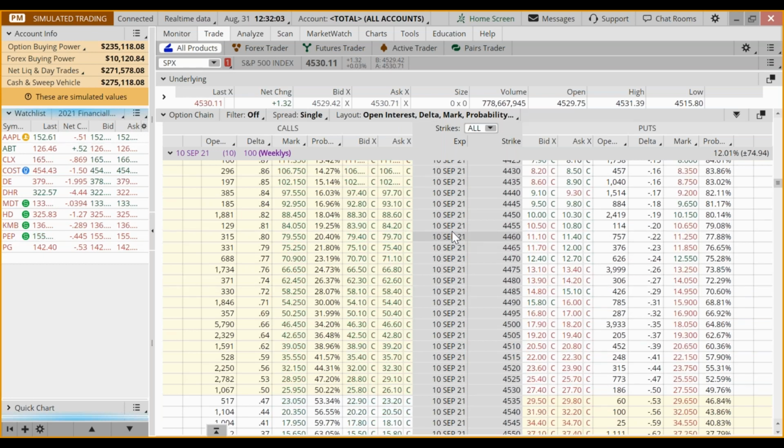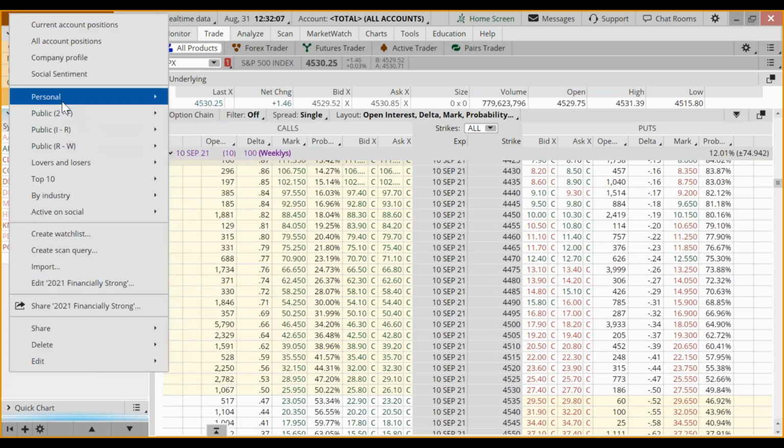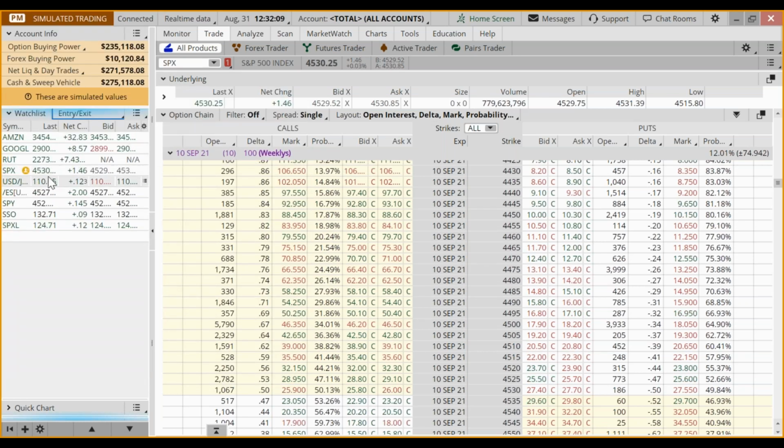Chris, the only reason I trade SPX weekly is that SPX is a huge value, if you will. Most of the stocks that are financially strong are only like $200, $300 a share.